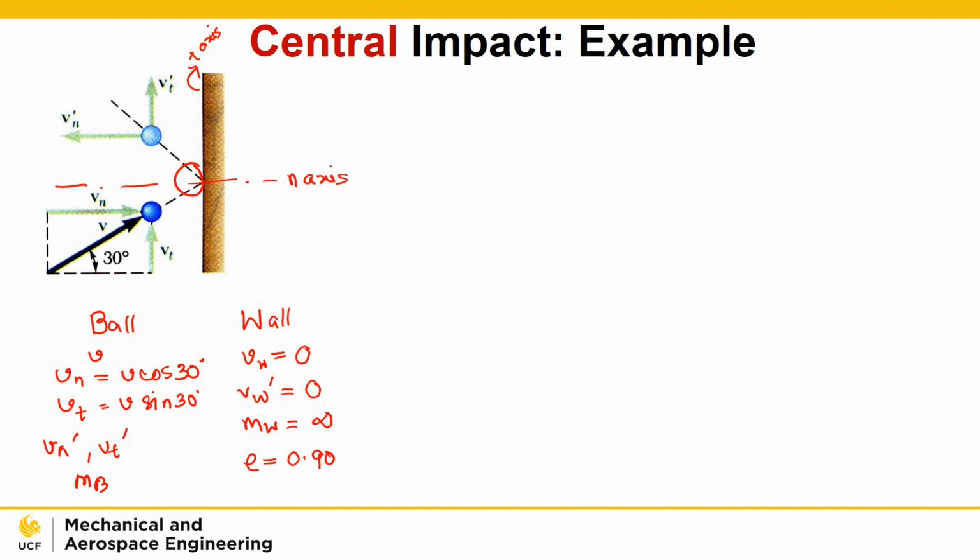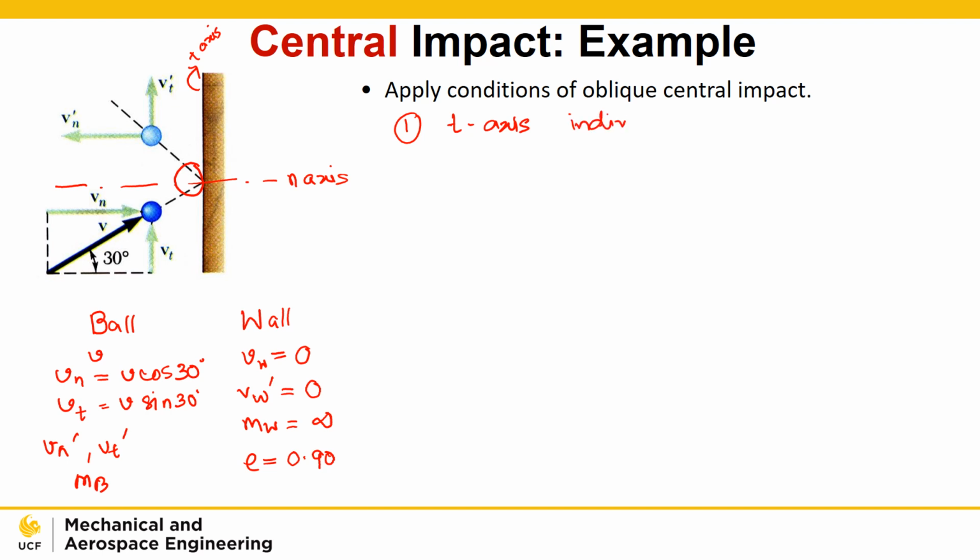The next step would be to apply the conditions of oblique central impact. If you recall, the conditions of oblique central impact are: the first condition is along the t-axis, the individual momentum remains conserved. Individual momentum is conserved. Along the n-axis, the system momentum is conserved.